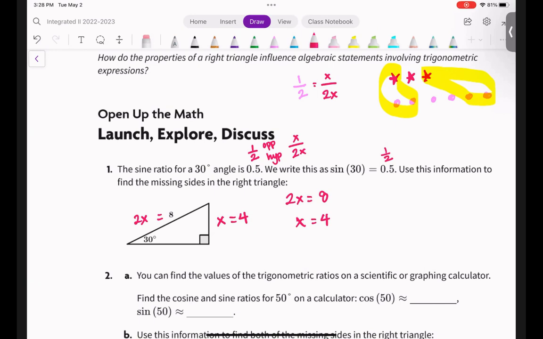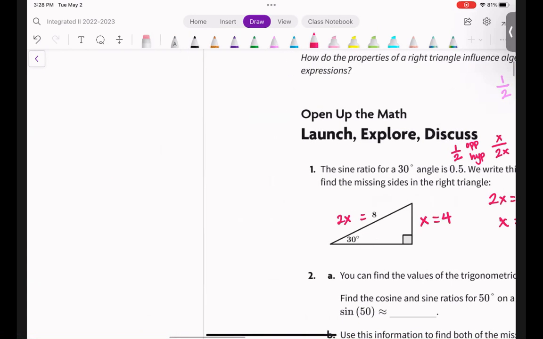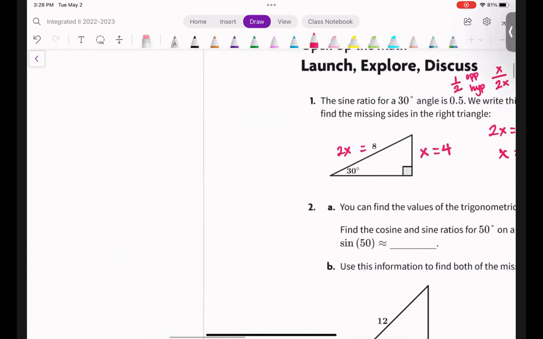So I'm going to use the Pythagorean theorem to solve this. I'm going to go 4 squared plus, I'm going to call this b, plus b squared equals 8 squared. So then this is 16 plus b squared equals 64.